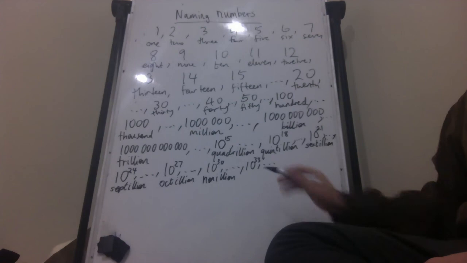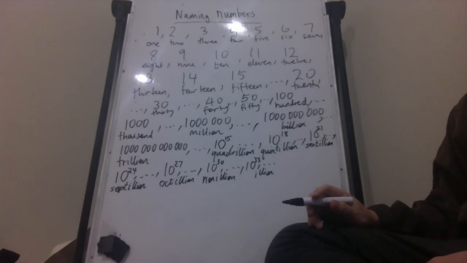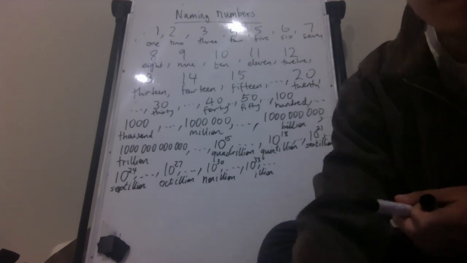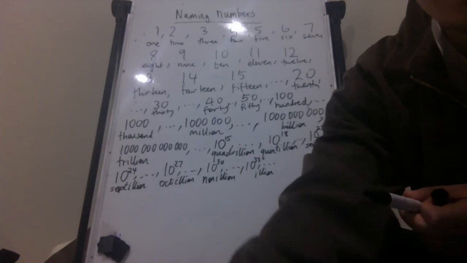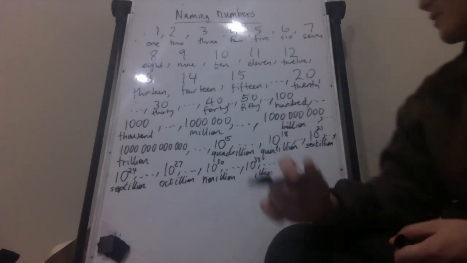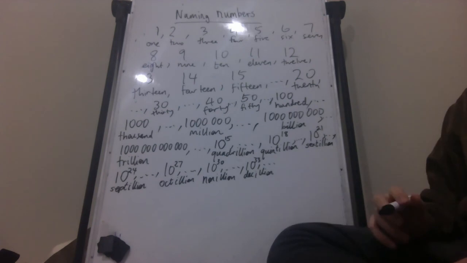So what do I write here? Maybe something that means 10, right? So 10 is decillion, okay?